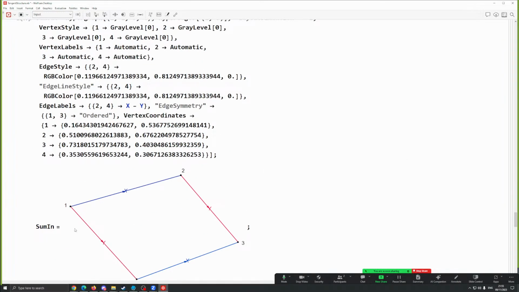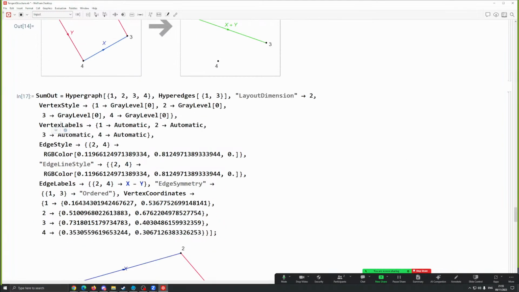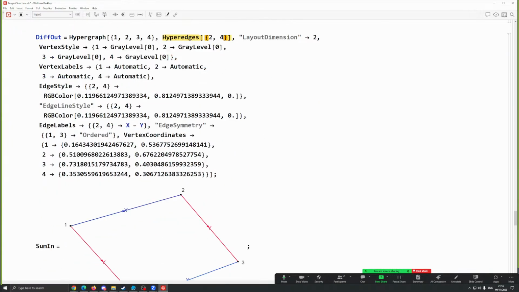Can you evaluate it in place just to be sure? Well, we still have the edge there, 1, 3. That's the important part. And 2, 4 here, right?